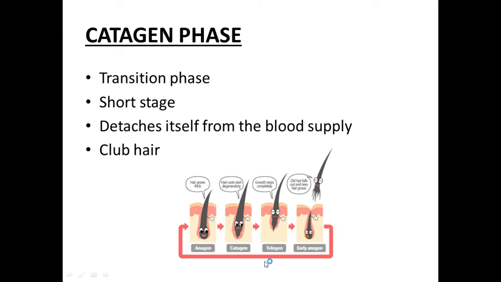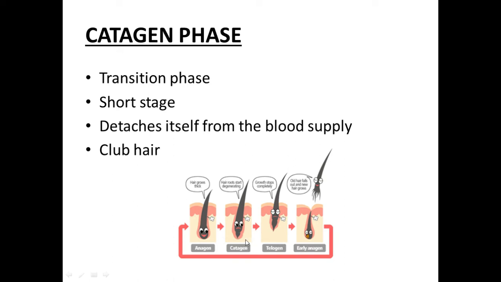It is 2 to 3 weeks long, and here the cell detaches itself from the blood supply. In anagen, the hair bulb region is attached to the blood supply, but here it detaches itself from the blood supply.